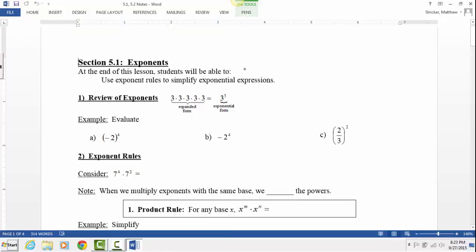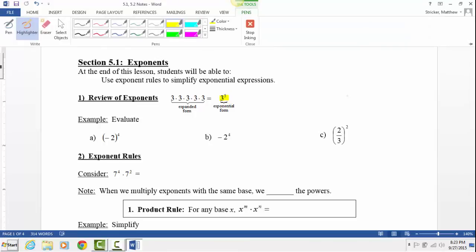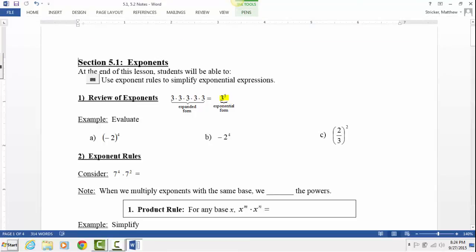If we have an exponent like 3 to the 5th, an exponent is just another way of writing repeated multiplication. So 3 raised to the 5th power means to multiply 3 by itself 5 times. So notice we have 1, 2, 3, 4, 5 3s.